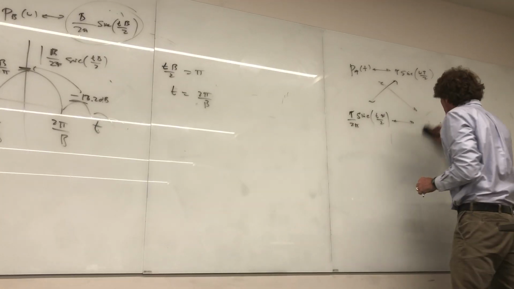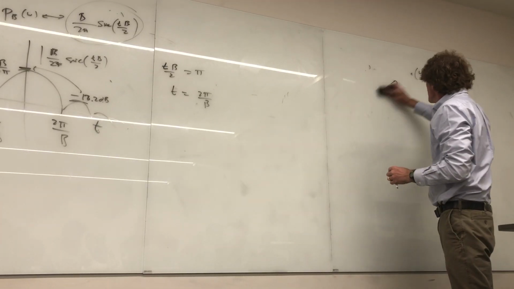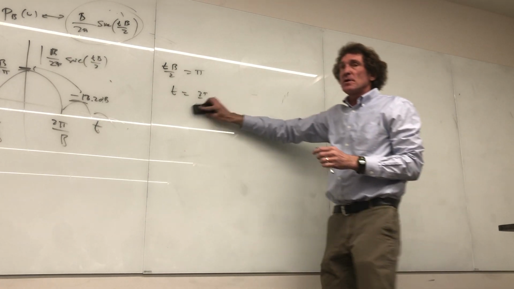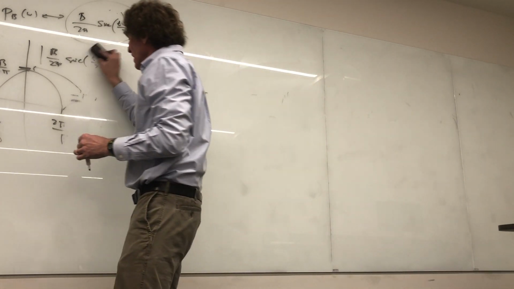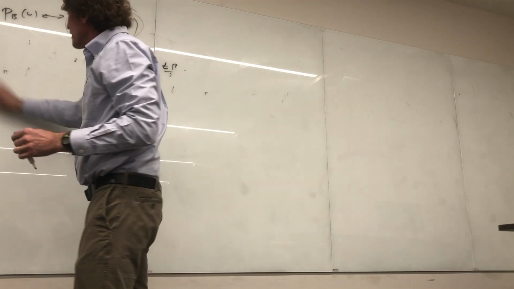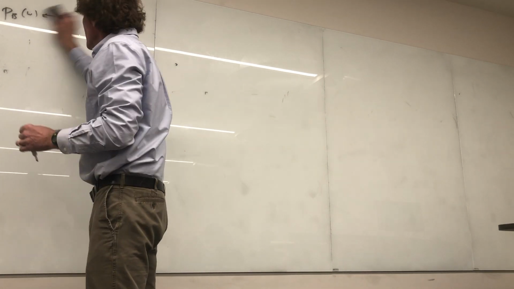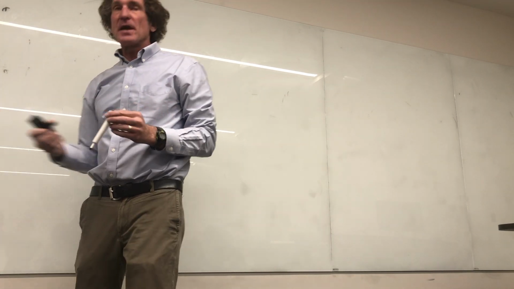I'm almost over. I got a minute. All right, let me tell you where we're going. I'll give you a few more problems. For the quiz on Friday, it's going to be on Fourier transforms. I'm probably going to give you something that requires you to use duality.